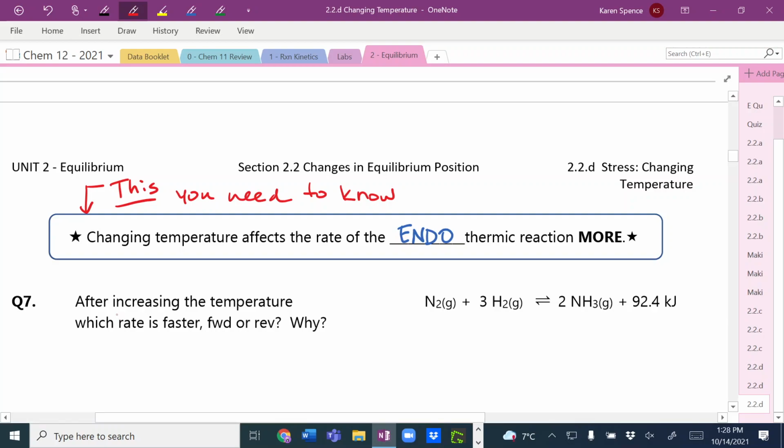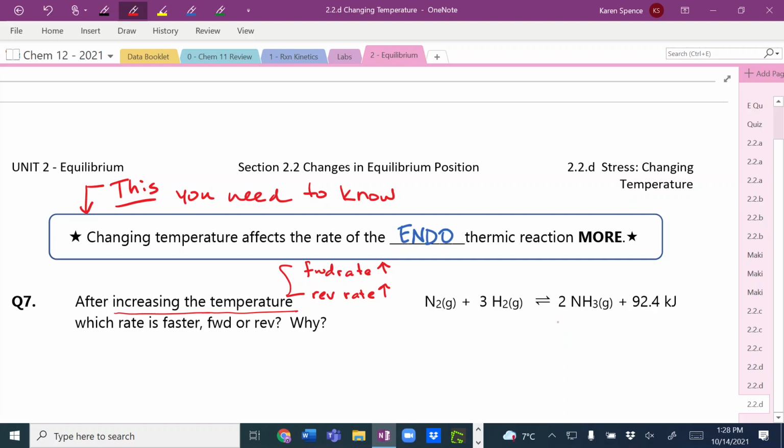So we increased the temperature. And remember, what did that do to our forward rate? Our forward rate increased. What did our reverse rate do? It also increased. Now, we're going to look at this and say which of them increased more. Why the forward? Are we doing gases and pressure here, or are we doing temperature?